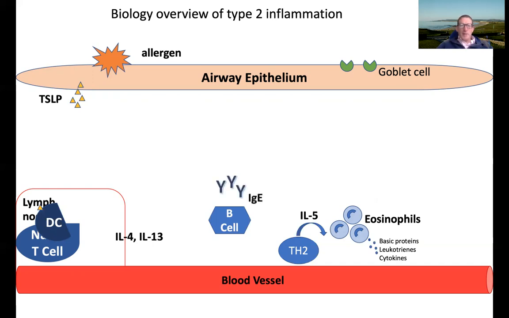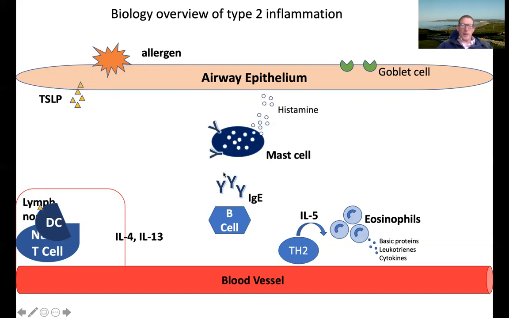We then have immunoglobulin E, the archetypal allergic antibody, which then binds onto mast cells. And when the antigen and the IgE interact, that releases preformed mediators like histamine.